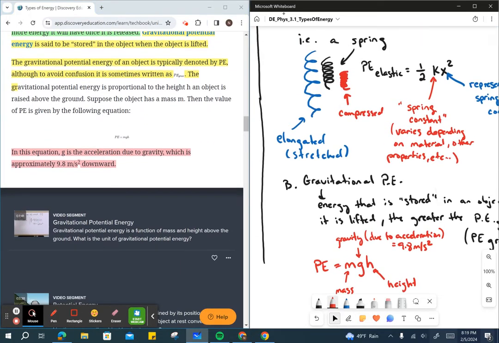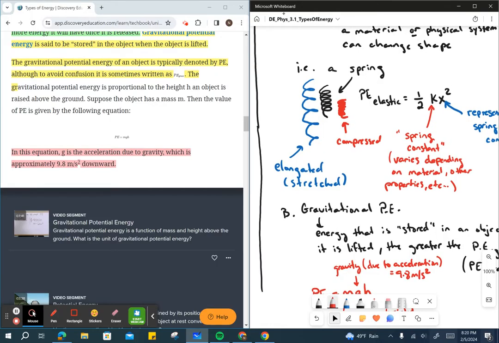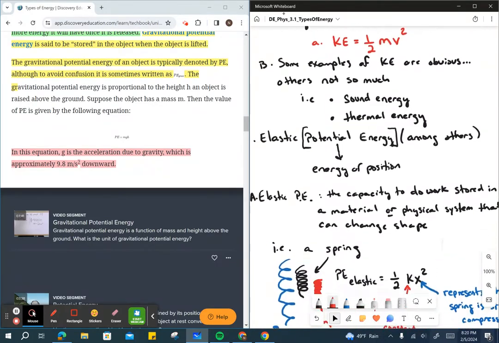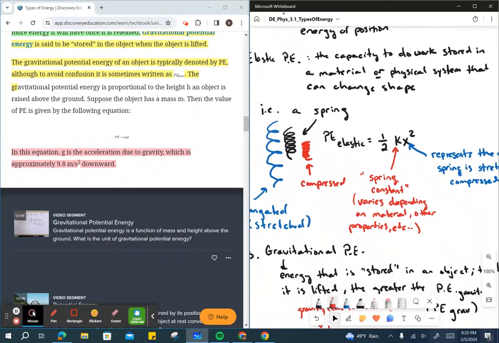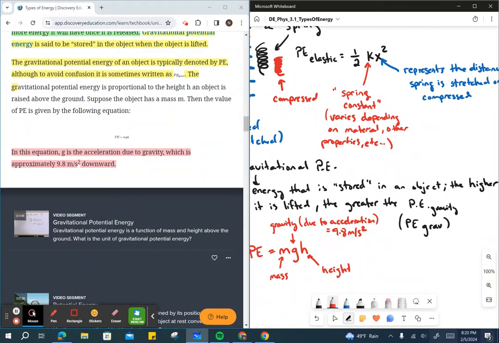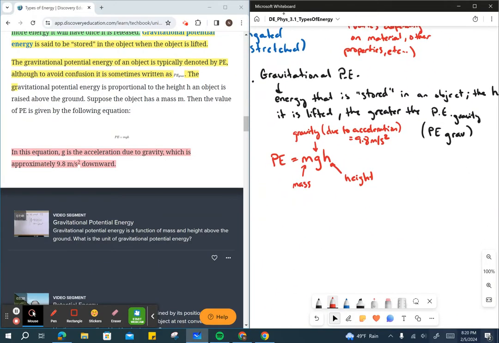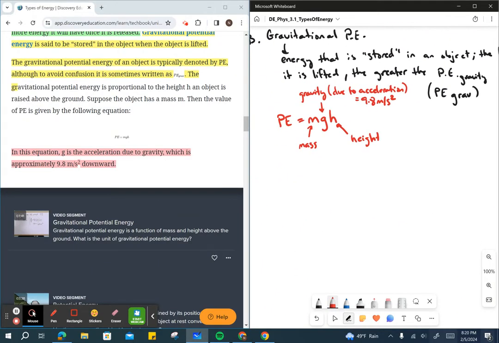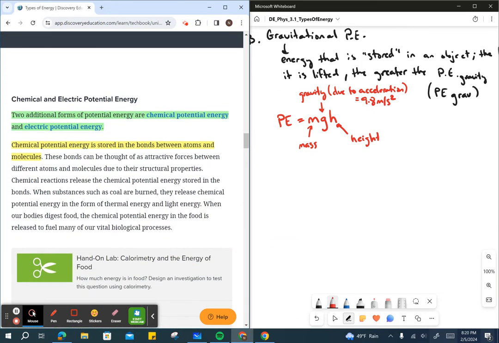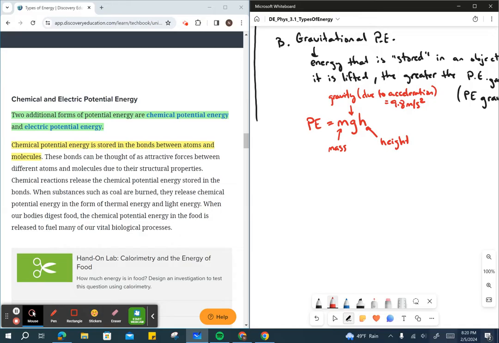All right, so look, we've gotten some useful equations here. An equation for figuring out the kinetic energy of objects, an equation for solving potential energy in elastic systems, and an equation for figuring out gravitational potential energy. Now we're going to move into another type of potential energy.